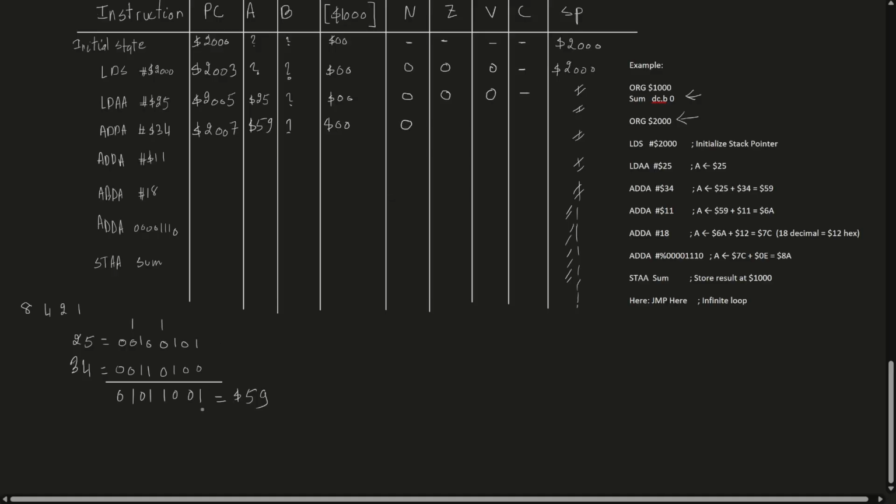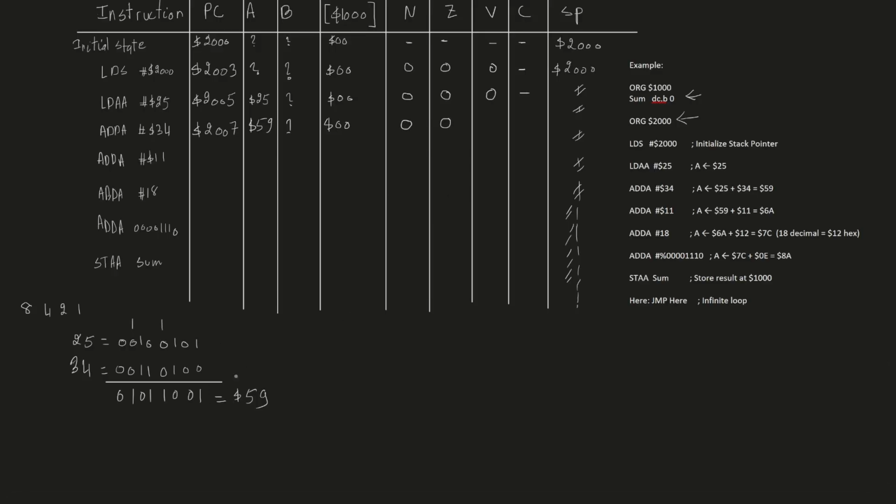The Z flag, we did not get 0 from this instruction, so this will be 0. So the overflow flag, we added two 8-bit numbers and we got an 8-bit number. Also, we need to look, we added two positive numbers because the most significant bit is 0, 0. And then we got a positive number. So the V flag will be 0 at this instruction. And then the carry flag, we didn't get any carry out, so this will be 0 as well.